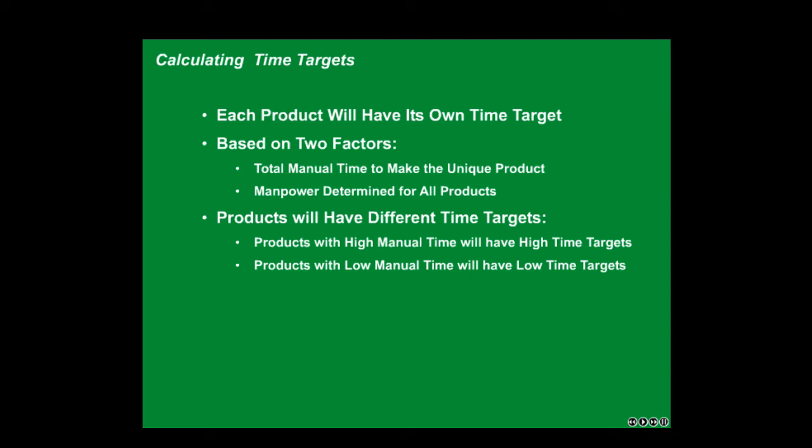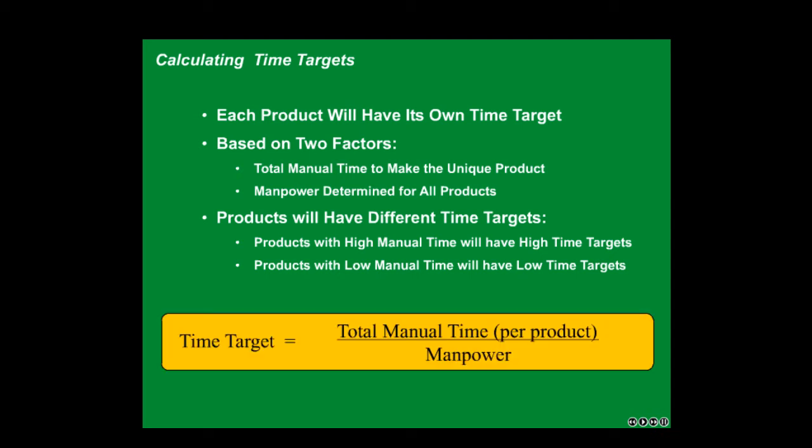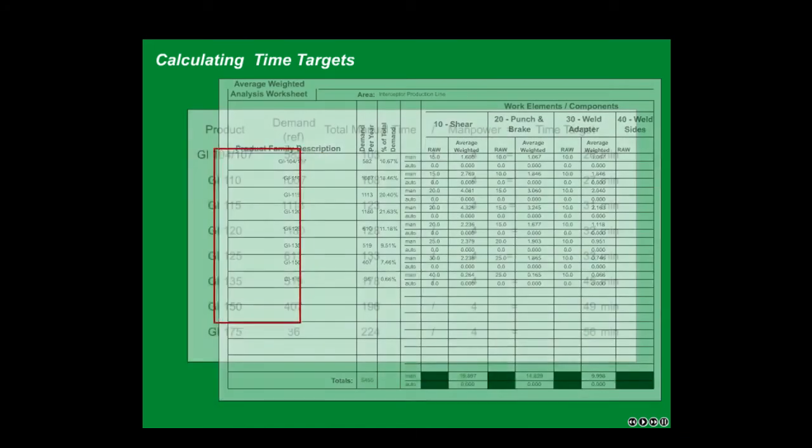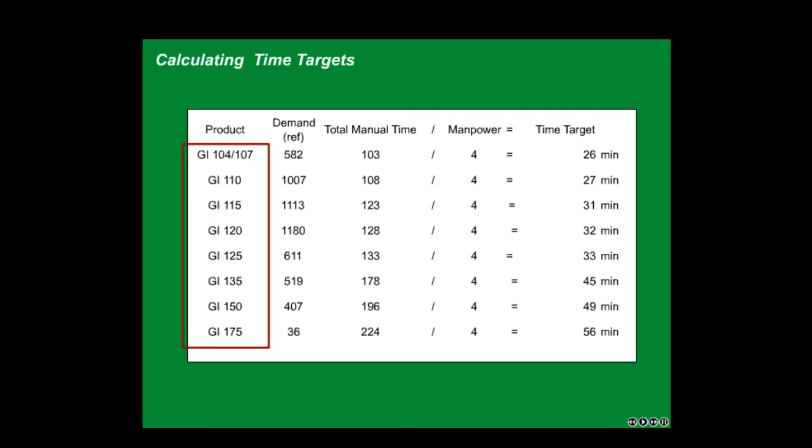To calculate the time target, divide the unique product's total manual time by the manpower that was determined for all products. If you recall from our initial table of injectors and their demand, we have 8 models being produced with the following demands. Use the times from the Lean Cell Analysis worksheet for each model. Total to the right the raw manual times to get total manual time required for that product.